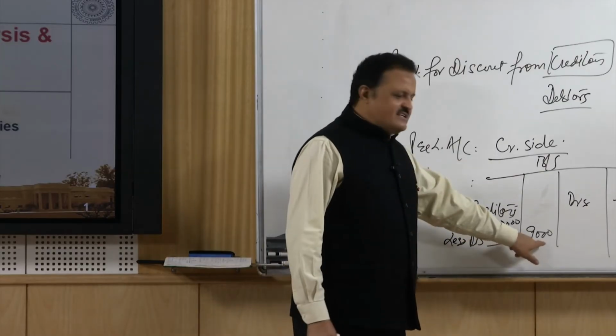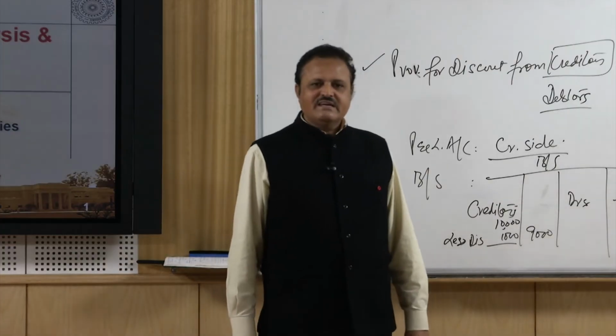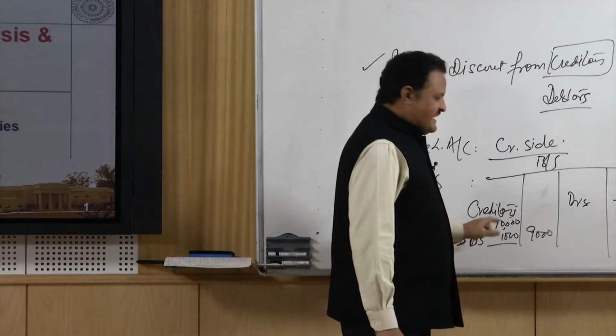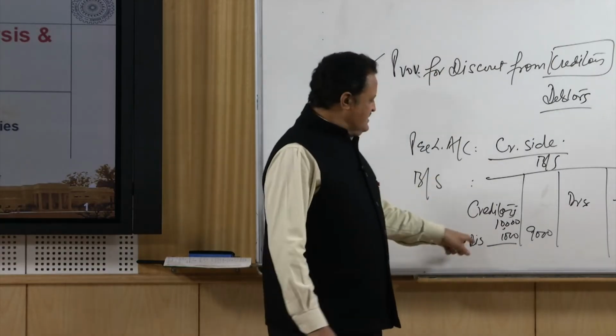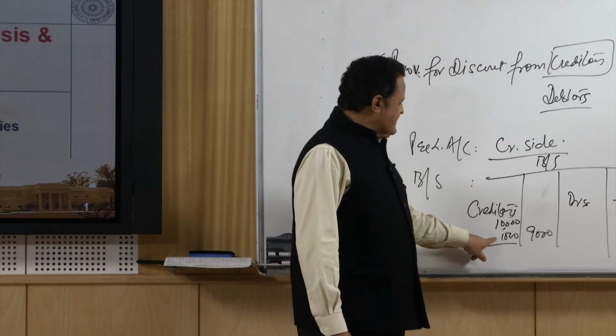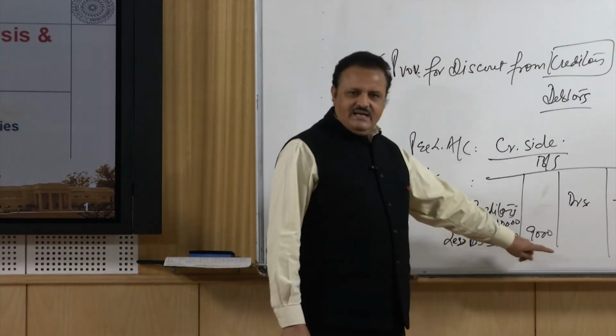So, total creditors to be shown in the balance sheet will be 9,000 rupees, because creditors are liabilities, and the liabilities are reducing by the amount of discount. You show total creditors in the inner column, adjust this 1,000 rupees, and the 9,000 rupees comes in the outer column.